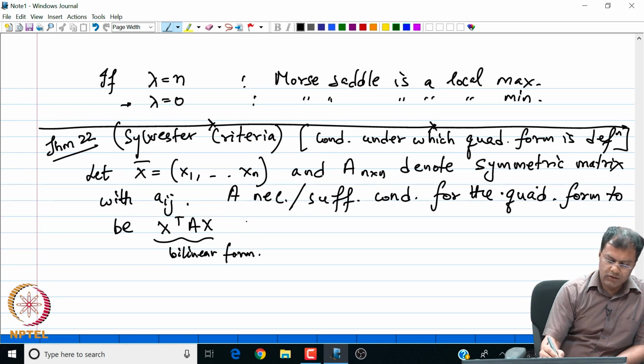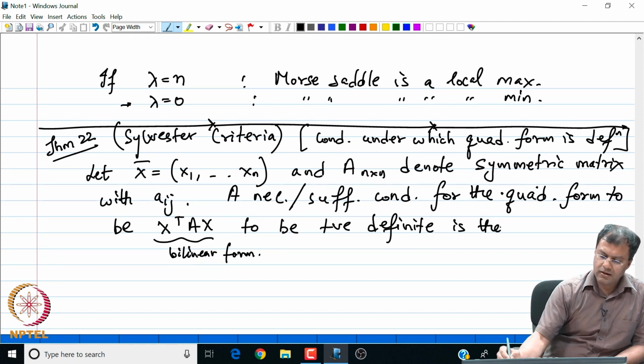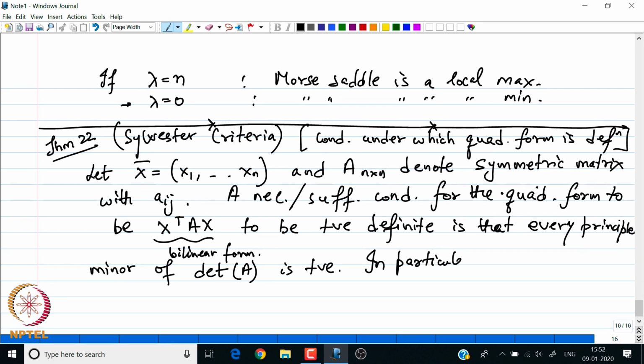So, for the quadratic form to be positive definite, every principal minor of the determinant of the matrix A is positive, or in particular, my determinant of A itself is positive, and all diagonal elements a j j are also positive.